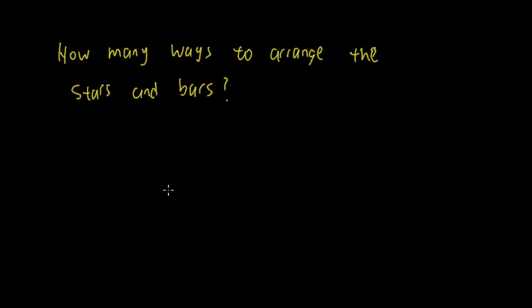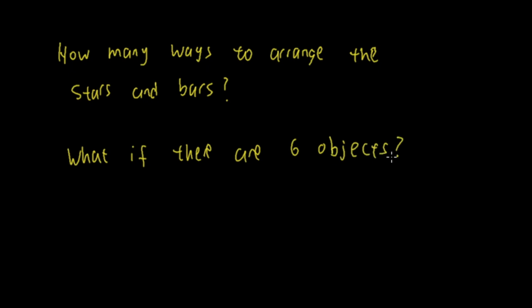But let's look at it this way. Let's say you have 6 objects. What if there are 6 objects? How many ways can you arrange 6 objects? Okay, so let's say you have 6 objects, 1, 2, 3, 4, 5, 6, right?